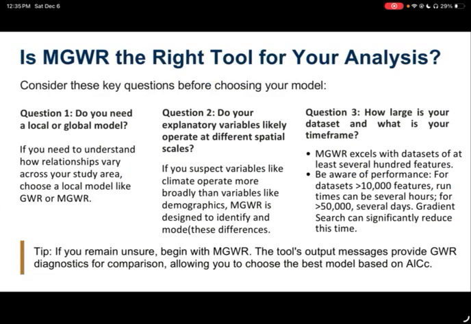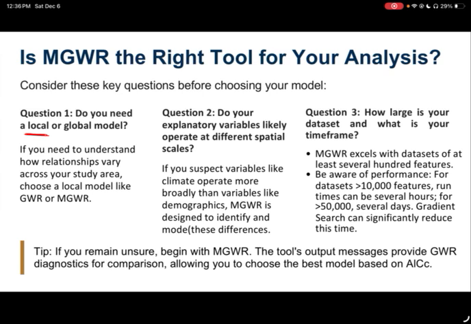In order to make sure MGWR is the right method to use in your analysis, first, you need to consider whether you need a local or global model. If you are sure your relationship varies across the area, for example, like I mentioned before, house price being high in urban areas and low in rural areas, and the relationship between house price and, for example, house area differs in different regions, you need to use a local model.